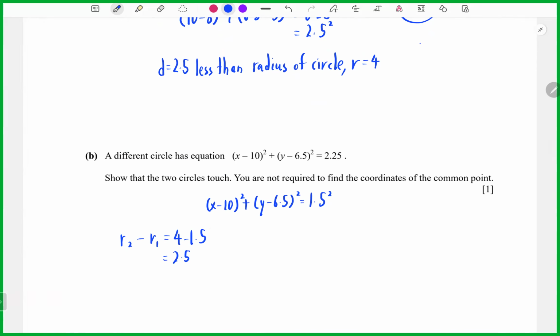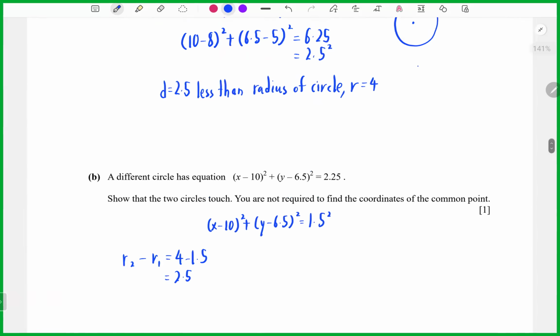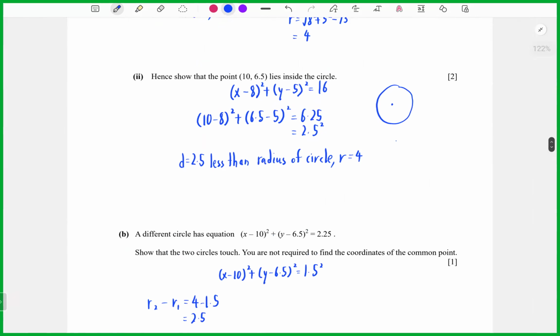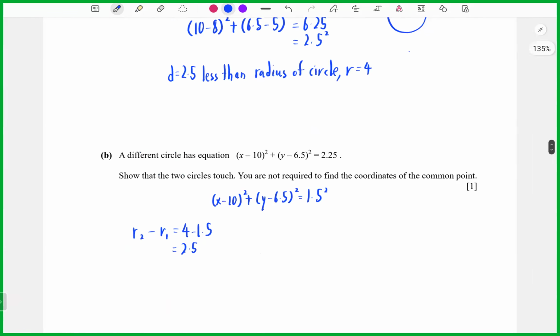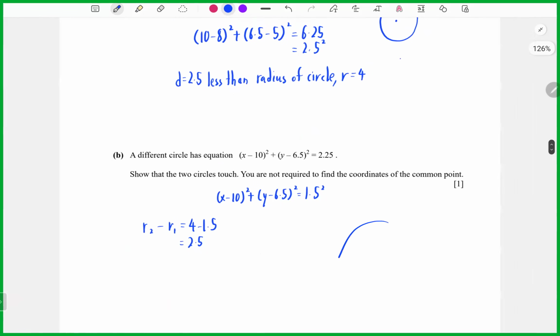This is because they have the distance between them. So I can try to draw it out first.